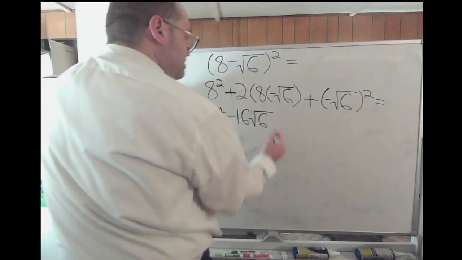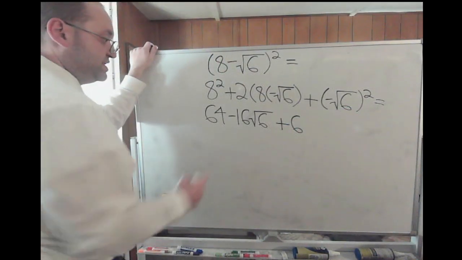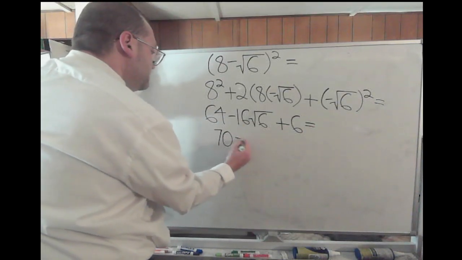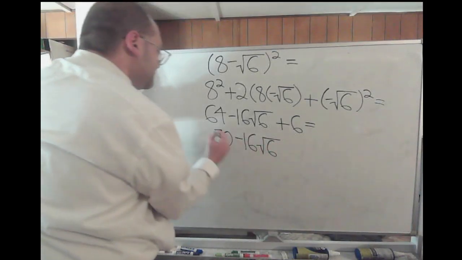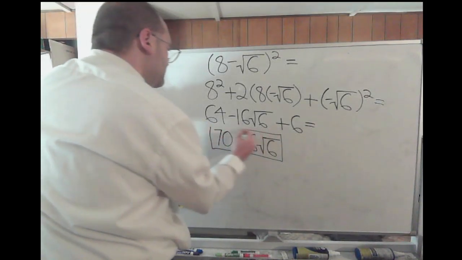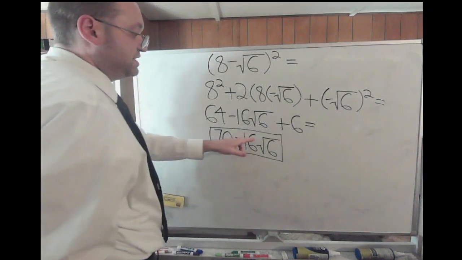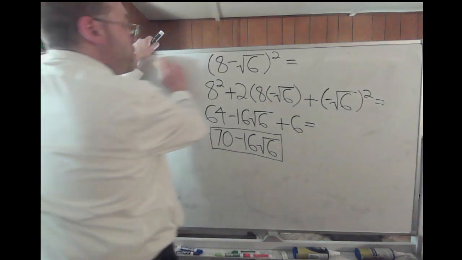Square root of 6 would just become 6. So to simplify this further, you would end up getting 70 minus 16 times the square root of 6. And that would be your answer. 70 minus 16 times the square root of 6 would end up being your answer for this.